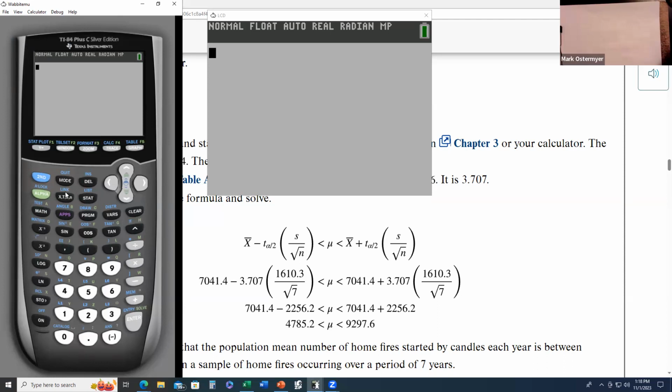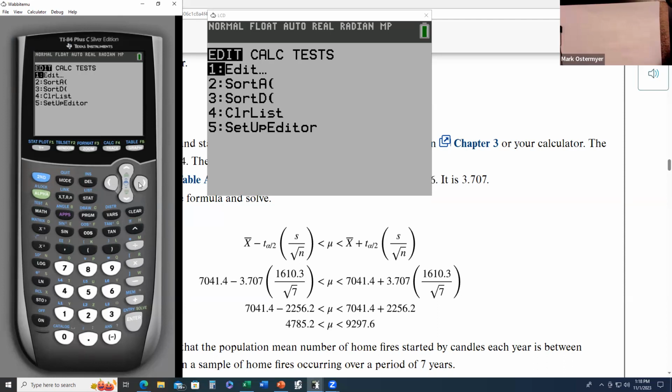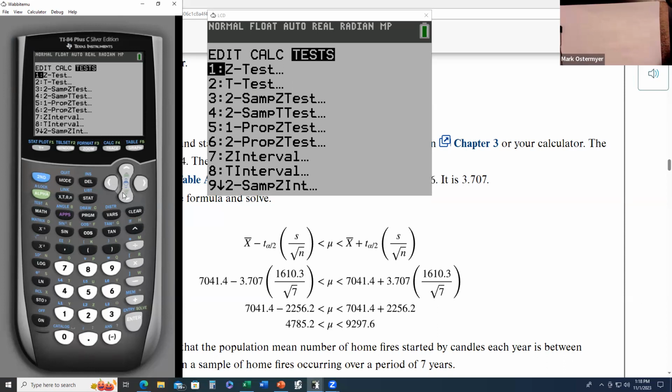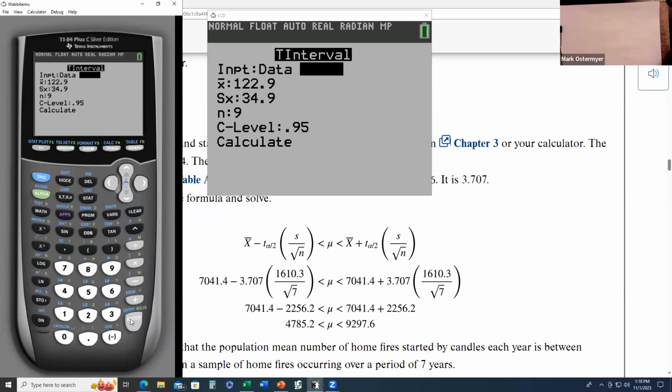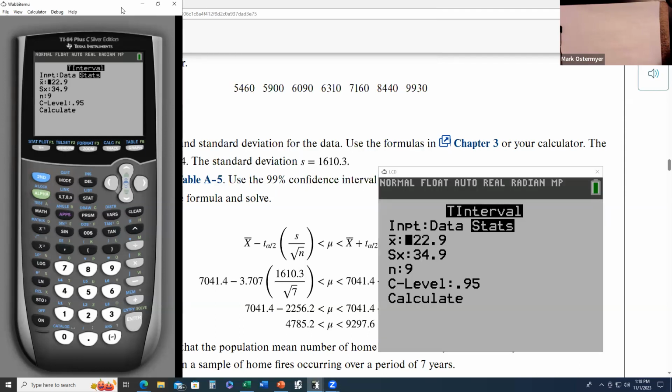And you'll go to stat, T interval. All right, you select stats. The sample mean would be what? They gave us a sample mean, what was the sample mean?